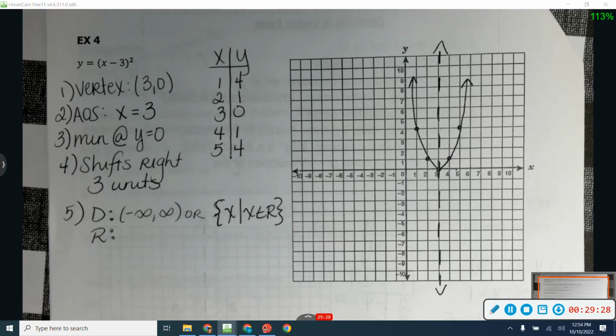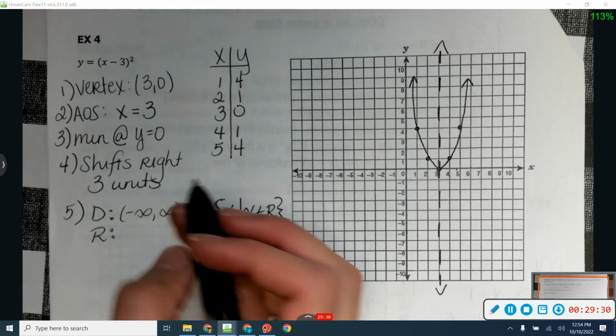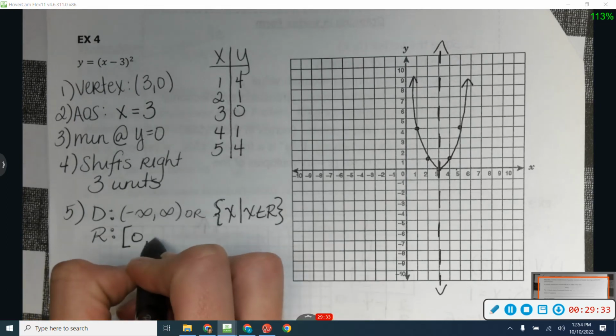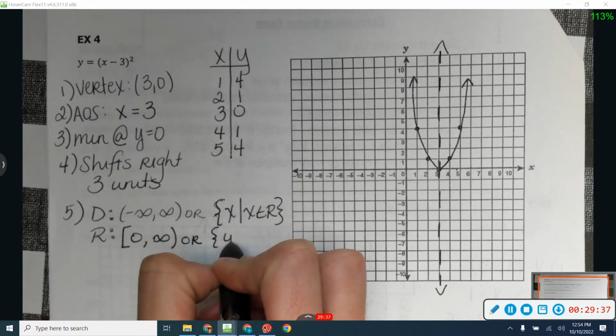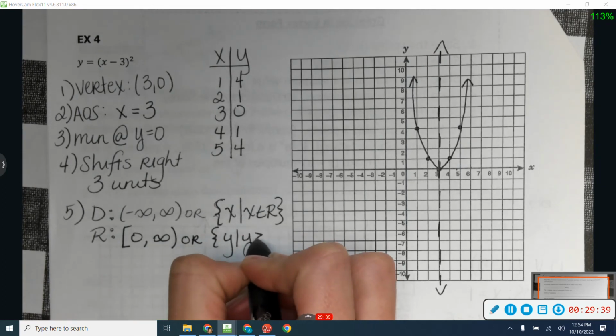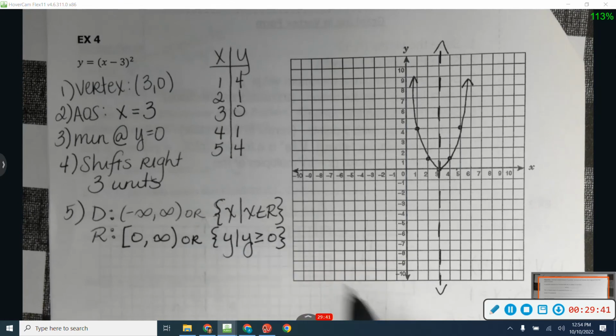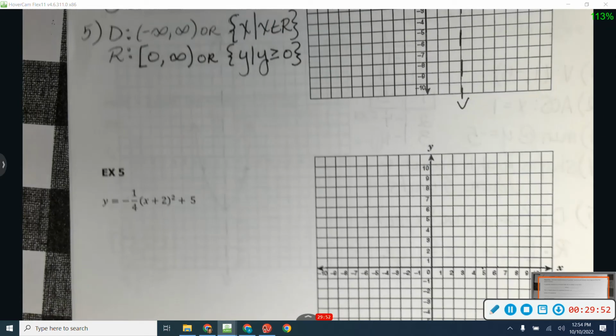It's going to be 0, infinity, parentheses. Okay. Very good. Either way is good with me. Okay? Any questions?